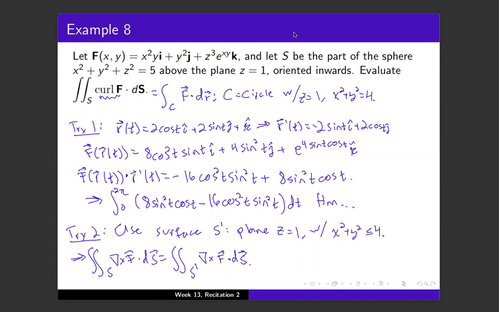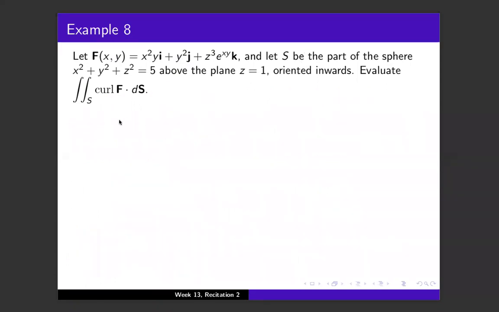Let me try clearing out some of this stuff. So we're going to use, in this case, S prime is the plane z equals 1, where x squared plus y squared is less than or equal to 4. What is the curl of f anyways?